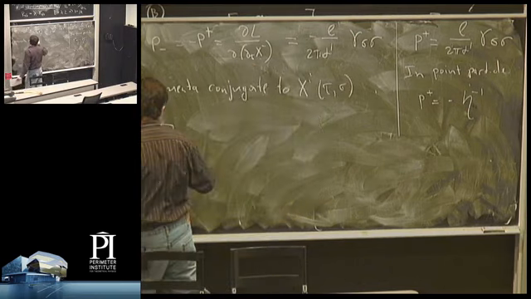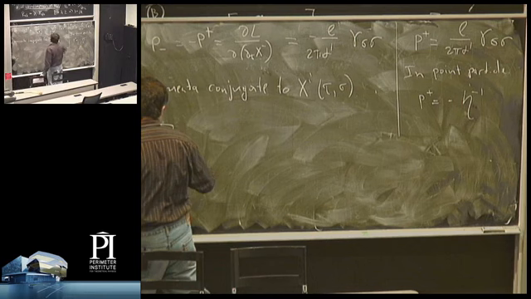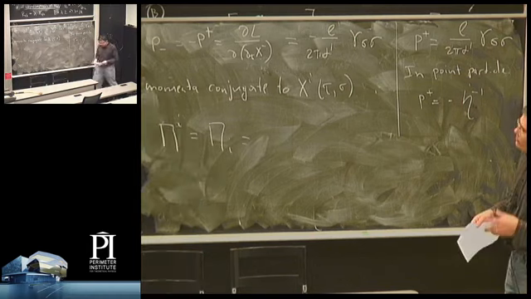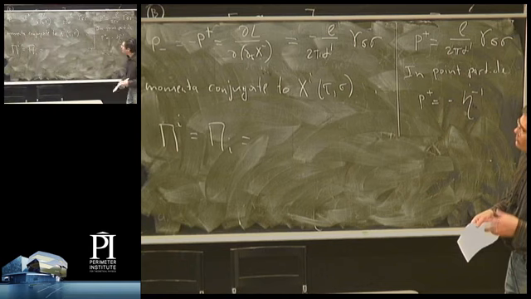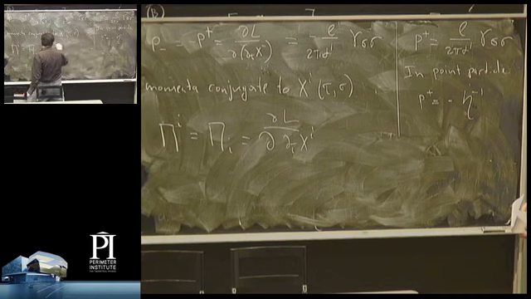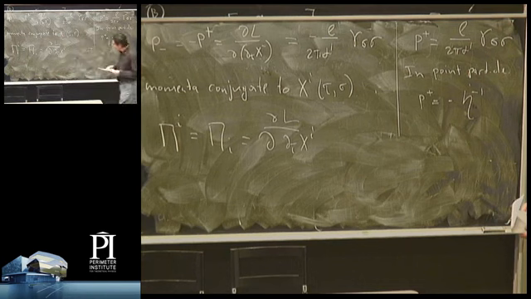conjugate to xi of tau sigma. And in order to do that, that's going to be what I can call capital pi sub I, super I equals pi sub I. So raising and lowering transverse indices doesn't cost us anything. And so we have to take a derivative of the Lagrangian with respect to del tau of xi.